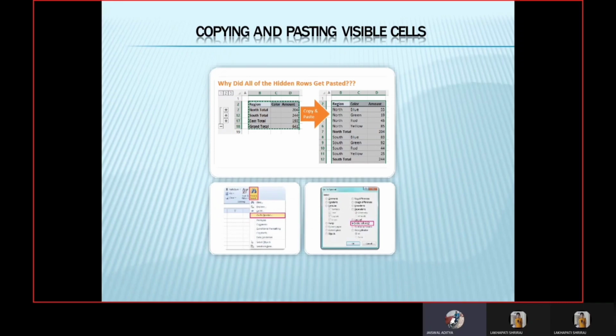Also, one thing you should note: Excel pastes the copied data into consecutive rows or columns. If the paste area contains hidden rows or columns, you might have to unhide the paste area to see all of the copied cells.